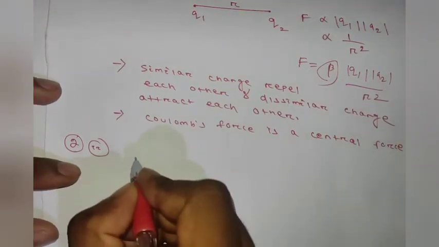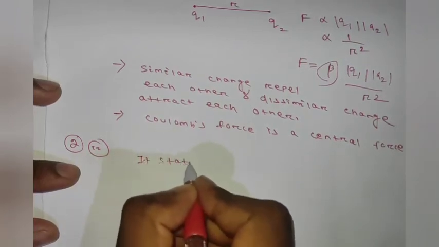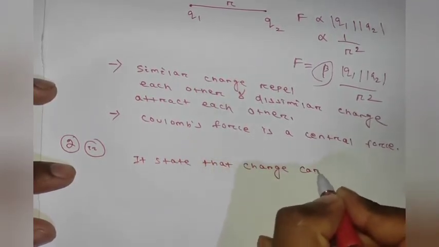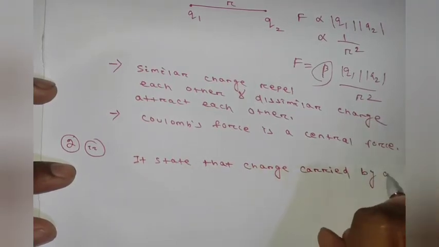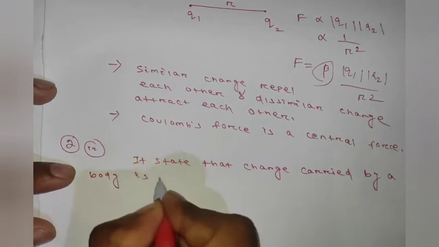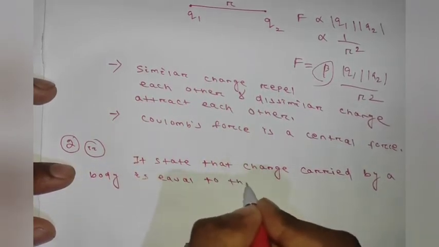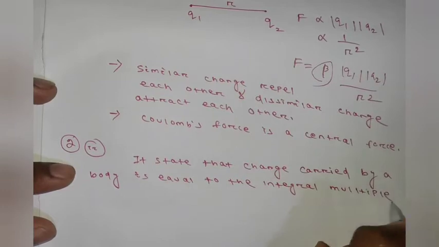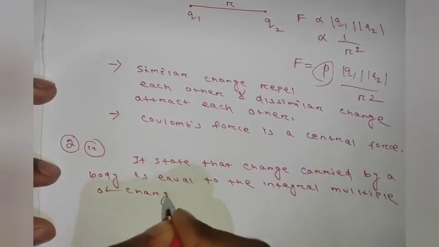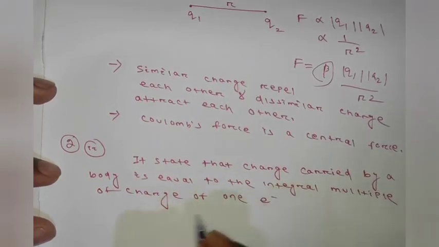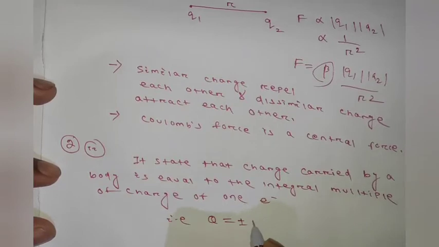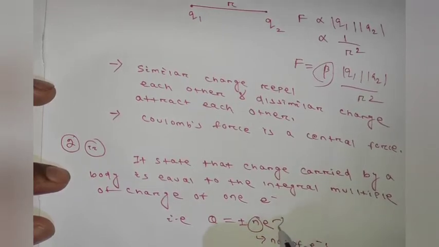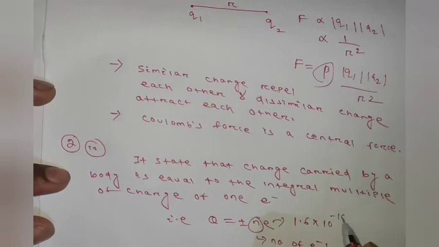It states that the charge carried by a body is equal to an integral multiple of the charge of one electron, that is Q equal to plus or minus Ne, where N is the number of electrons, and e is the charge of one electron, that is 1.6 into 10 to the minus 19 Coulomb.